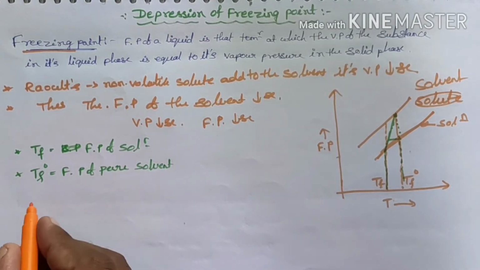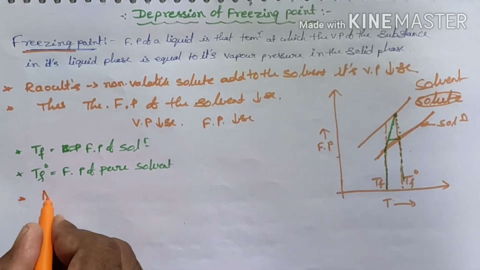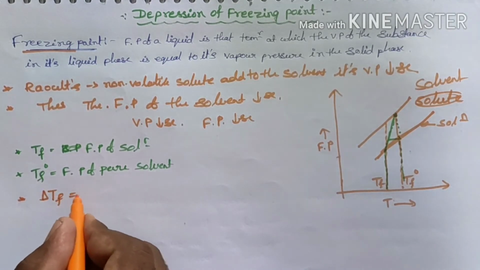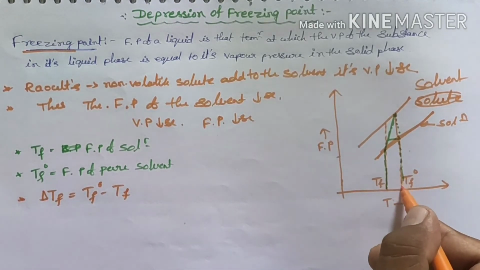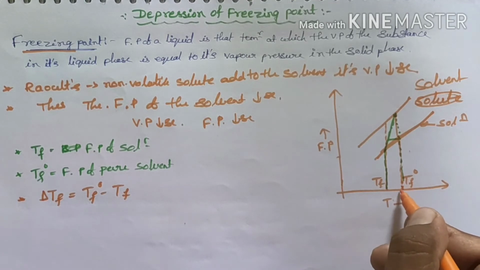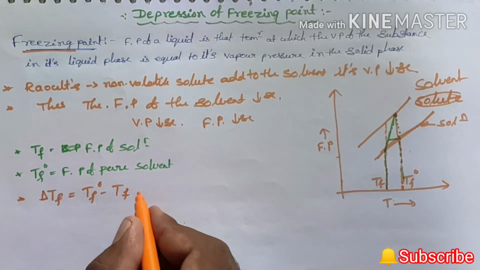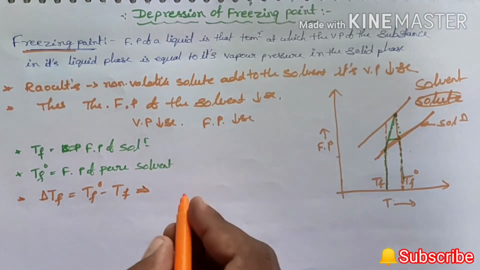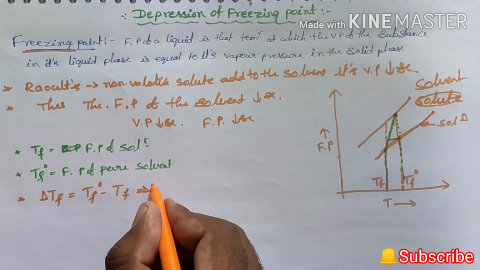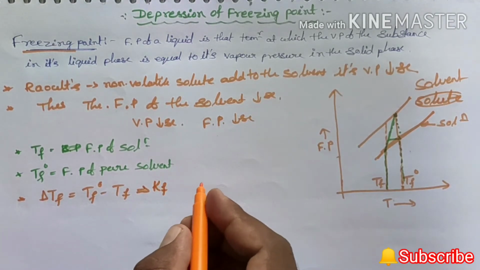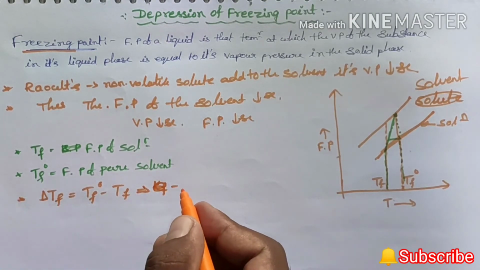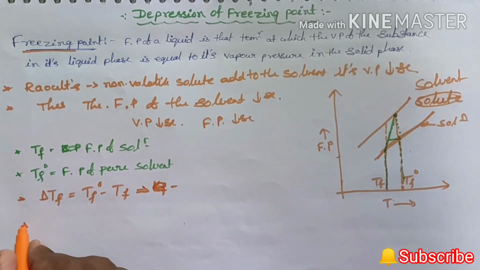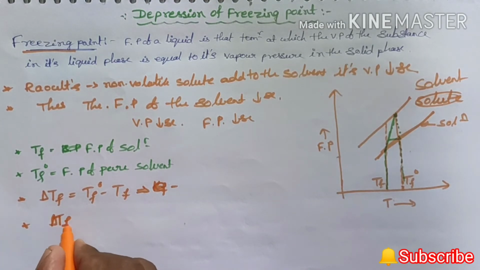Then the change in the freezing point, delta TF, is equal to TF naught minus TF. You see here, the freezing point of the pure solvent is higher than that of the solution. This is the change in the freezing point. This delta TF is directly proportional to m, dear student.